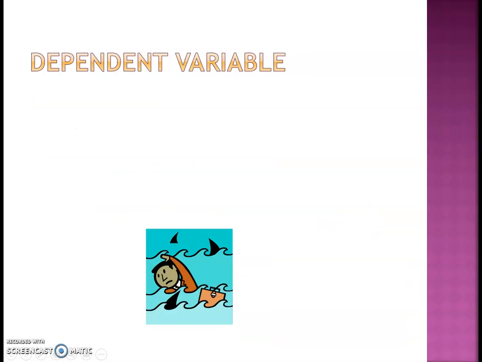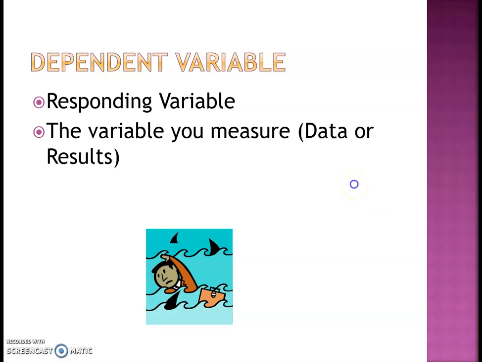The dependent variable is actually the easiest variable, I think, to identify in an experimental situation. Because it's referred to as the responding variable, but basically what it is, it's the data that you actually collect, the results. So if I put people in the water and I want to see if more people get attacked, I'm just counting.